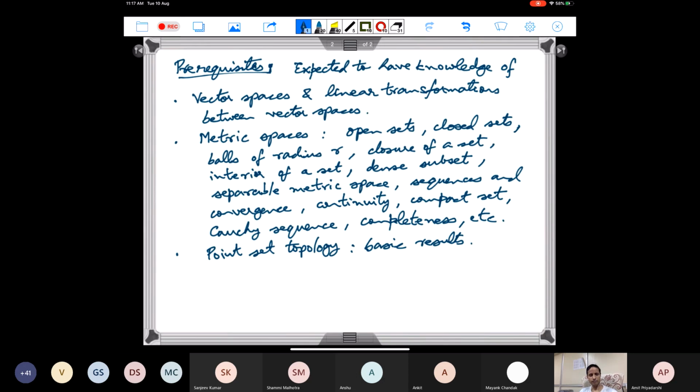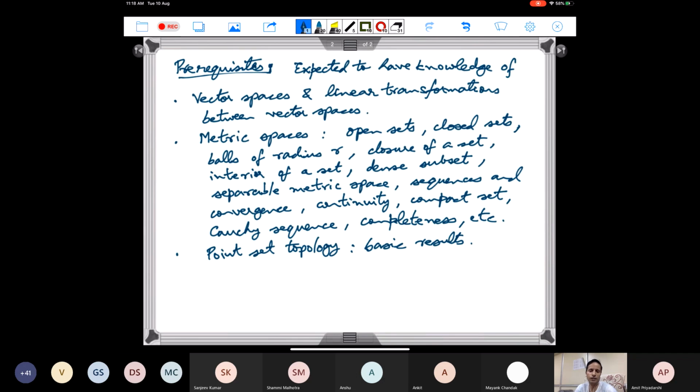So main requisite is you should have knowledge of vector spaces and metric spaces. Topology also, I'm sure all of you would have done the course last semester. If I need something which is more than metric space, most of the things that we will consider will be on metric spaces.